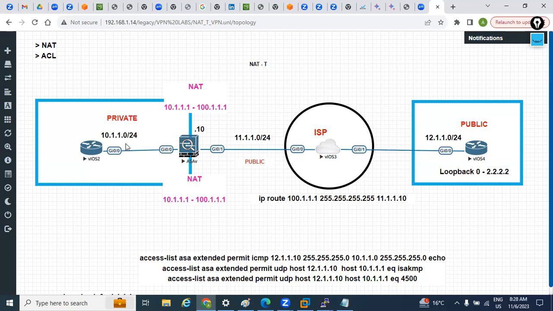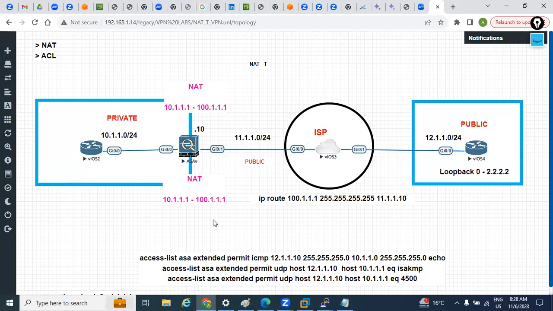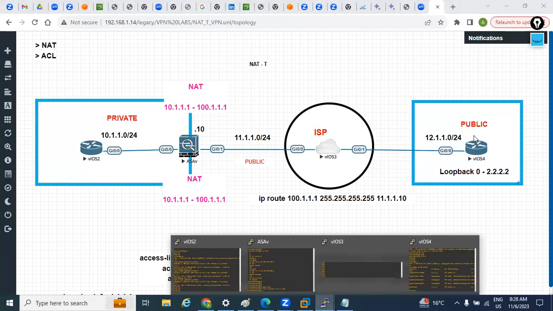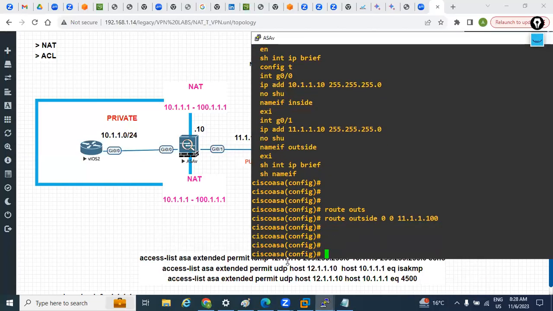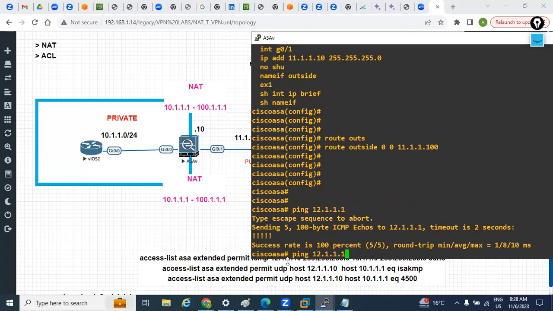So what we have to do is make reachability between this site and this site. For that concept I have to use NATing, so on the ASA I'm going to use the NAT concept. But before that, you have to make sure there is reachability between ASA and Site B. From ASA, if I try to ping 12.1.1.1, that should be possible.